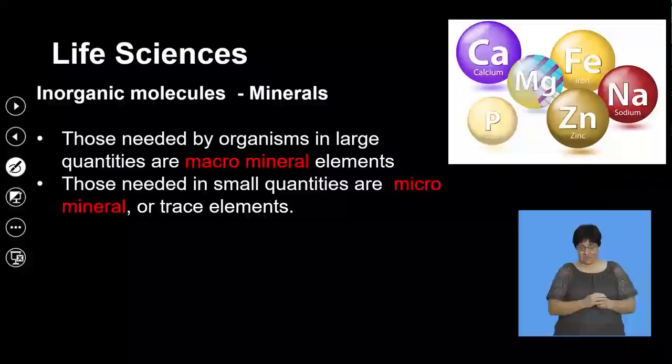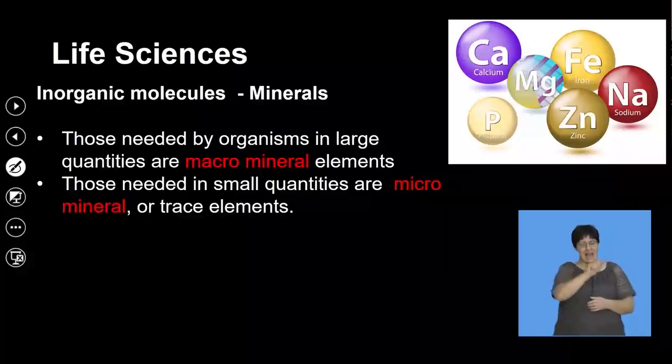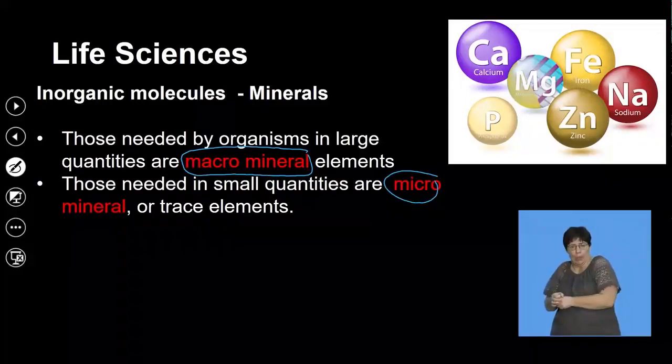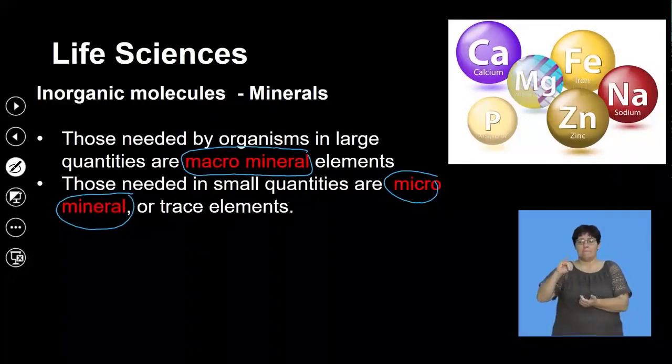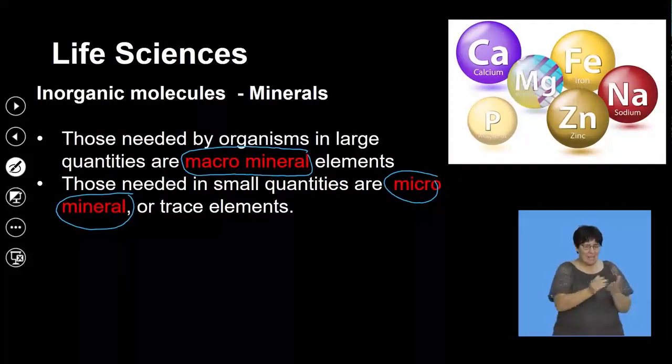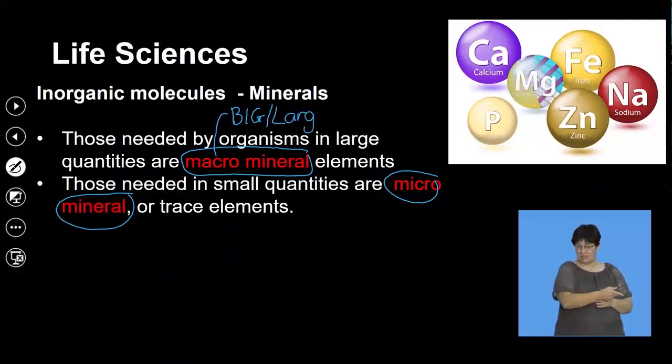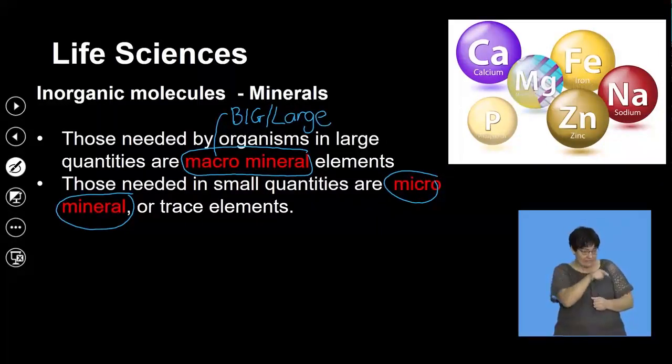Now, just two words that I'm going to highlight, which I have highlighted in red here. The words are macro mineral and micro mineral. Macro means big, or large, and that simply means that we're going to need these minerals in large amounts.